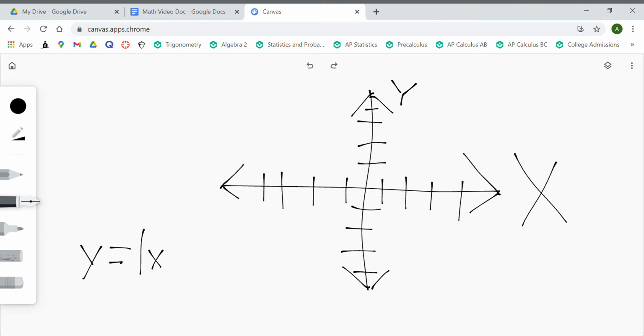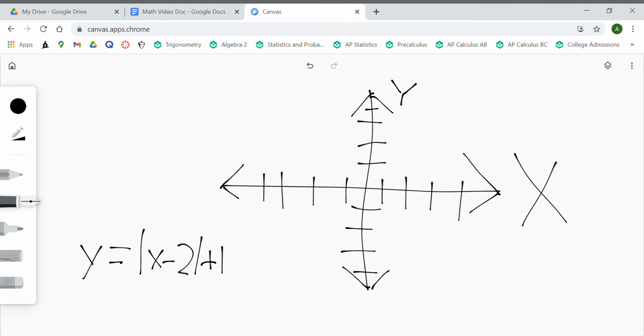Okay, so now let's see if we can combine transformations. So let's say I give you something like this. So we have absolute value of x minus 2 plus 1. How do we do that? Well, notice we got two different translations here.